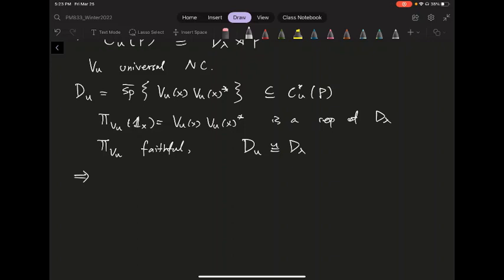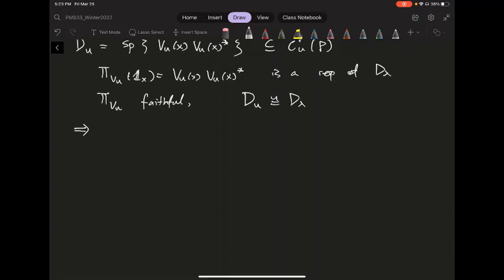The diagonal is really small and very concrete. You can think of this diagonal subalgebra sitting inside the universal one, and sometimes we just pretend its diagonal is the same as D_lambda. This is a really important property, and we're going to show why this is the case probably next week.